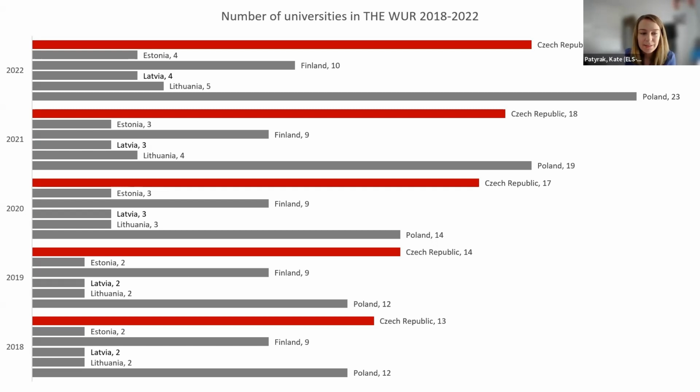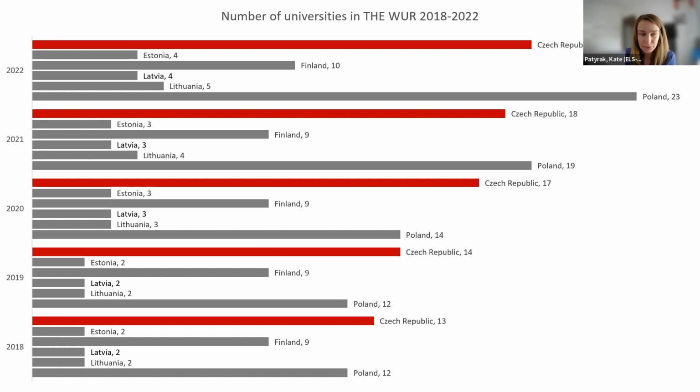This is partially covering the region, so partially Central and Eastern Europe, with a comparison with Finland as one of the Western European countries that we use very often as a role model.